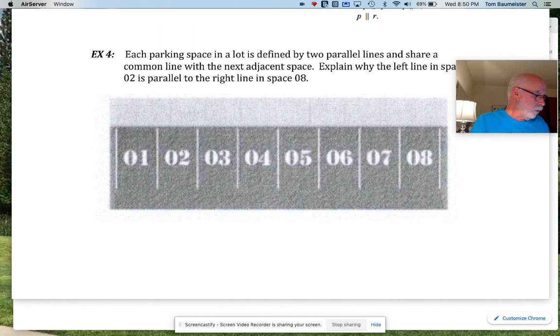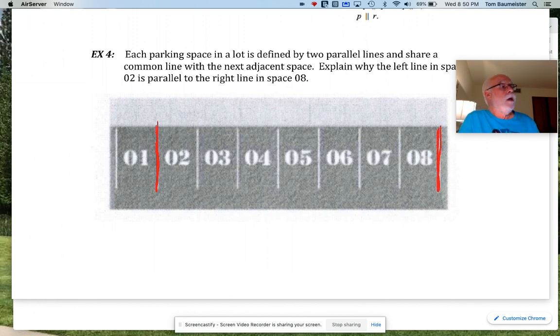On the last example, each parking space in a lot is divided by two parallel lines and shares a common line with the next adjacent space. Explain why the left line in space 2, which would be this one right here, is parallel to the right line in space 8.